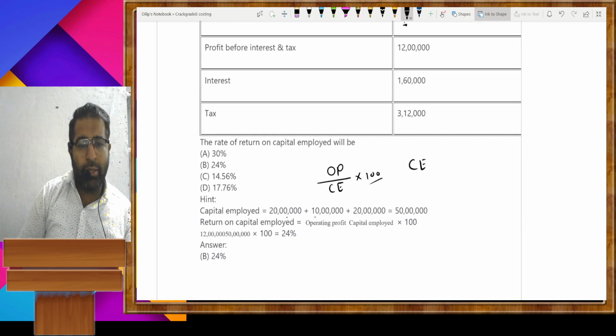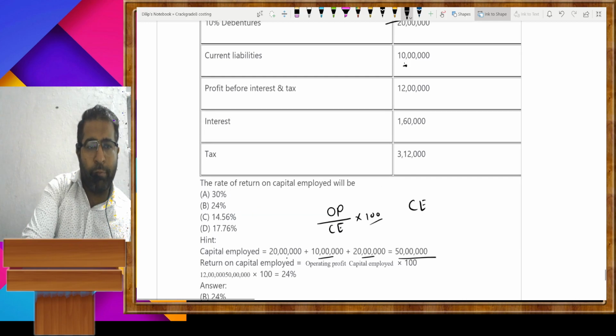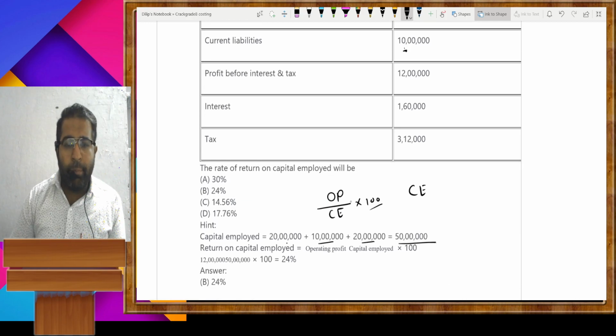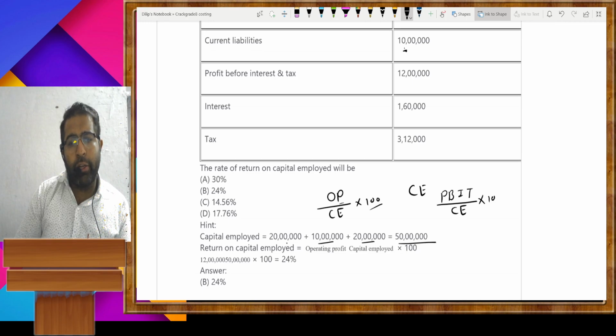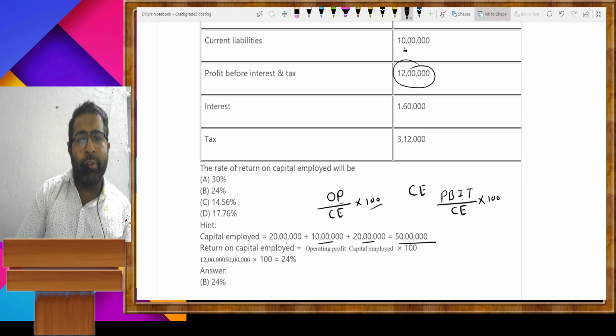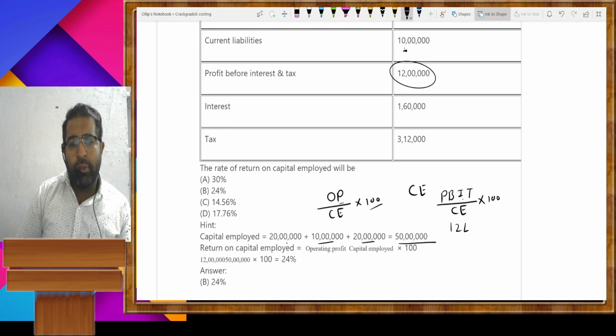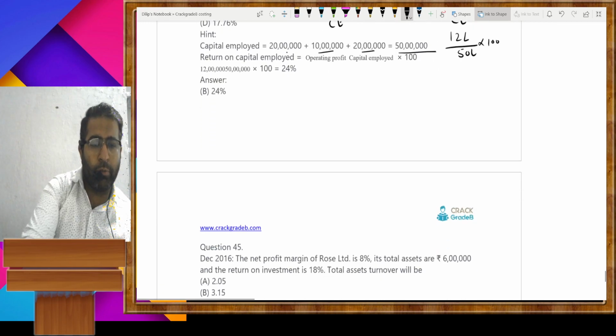Look here: 20 lakh, 10 lakh, 20 lakh, that is 50 lakh. And operating profit, meaning profit before interest and tax, divided by capital employed into 100. Profit before interest and tax 12 lakh is given, divided by 50 lakh, multiplied by 100. Okay, 24% is the answer.